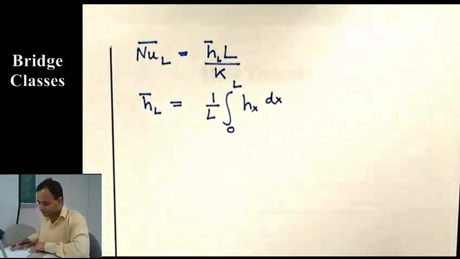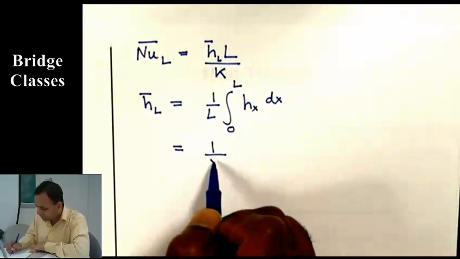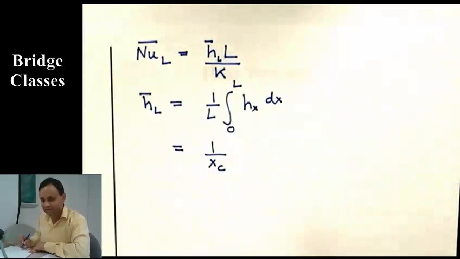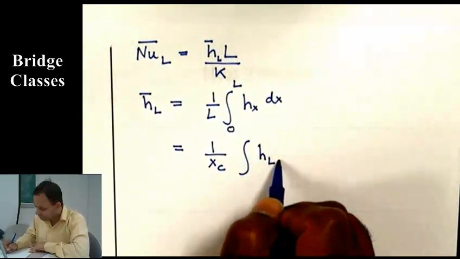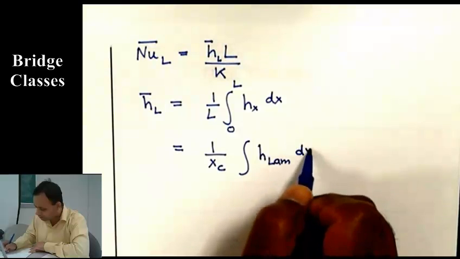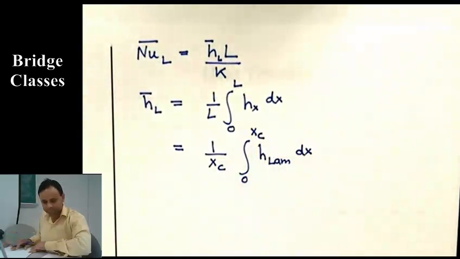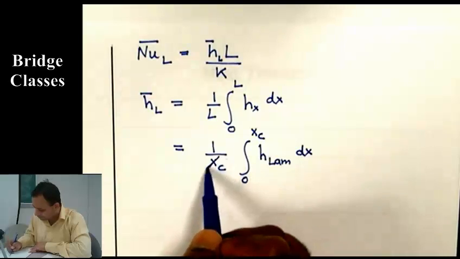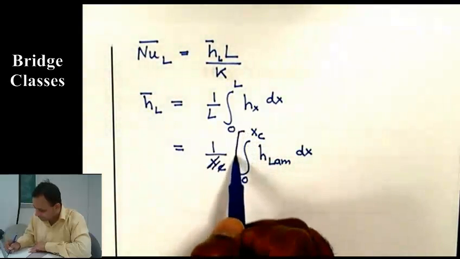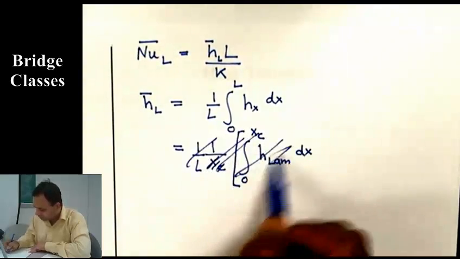If the boundary layer is mixed, up to distance xc the boundary layer is laminar, so you are going to use the h value for laminar. Sorry, this won't be 1 over xc. Let me change this. It will still be 1 over L. Let me write it again.